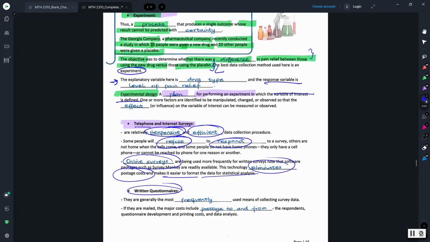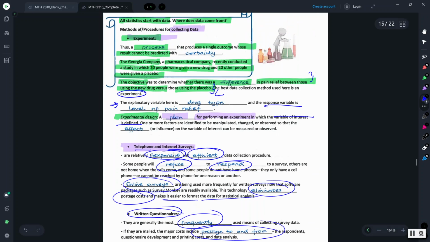So, if you go to the hospital, for example, and you have to complete or update your medical records, they might give you a couple of forms which you have to complete by writing on the paper. These are examples of written questionnaires, and they are also very frequently used. Sometimes you can also have mail questionnaires that would require postage to and from the respondents.